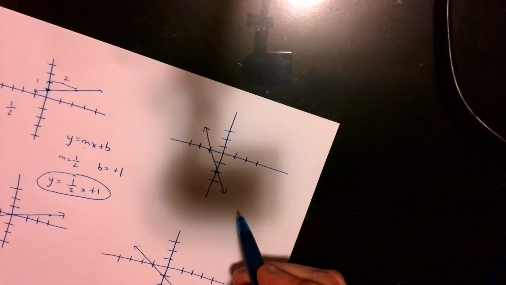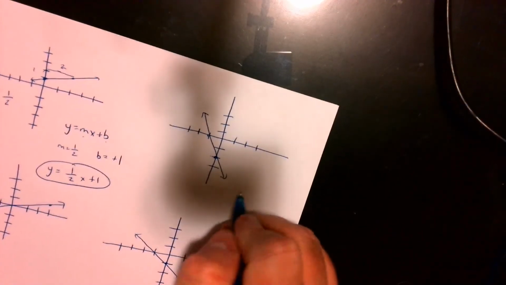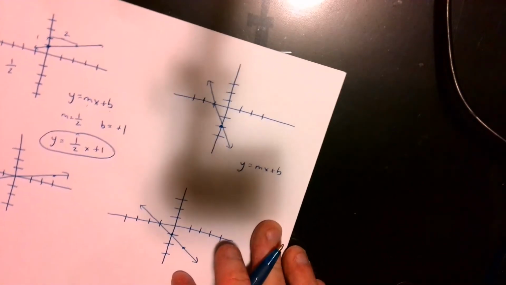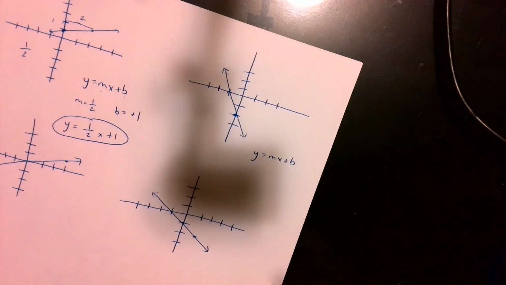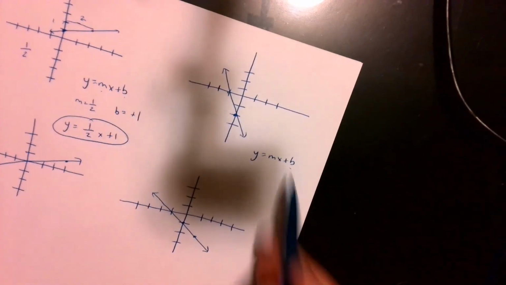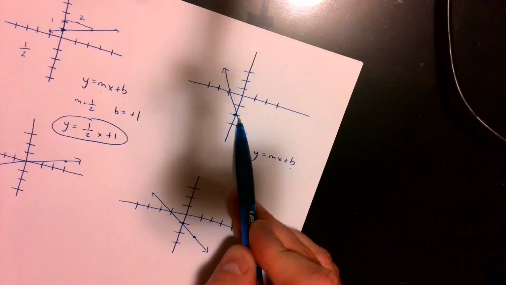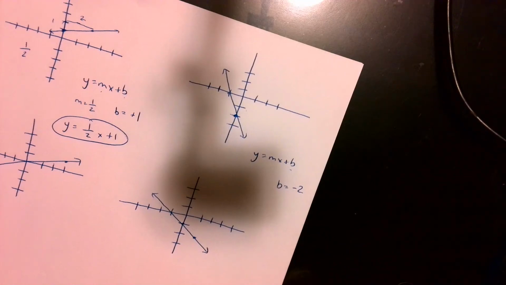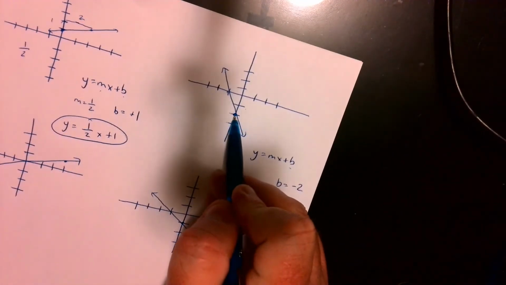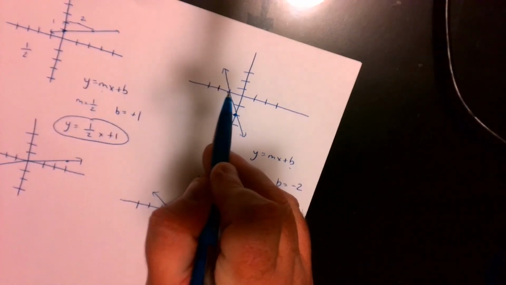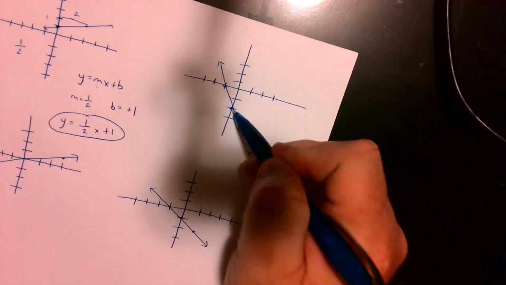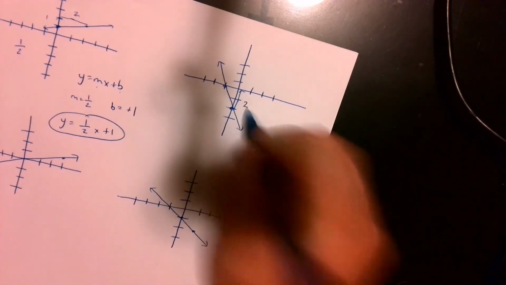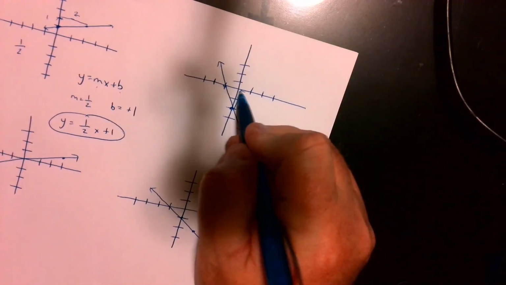So if we look at this one here, we need to put this in the form of y equals mx plus b. We need to be able to pull out the b and our movement, our m. So our b, we're going to start at -2 this time. But what's my movement telling me to do? So if I started here, I can see up here's another corner, another dot. So I went up 1, 2, and if I rise, that's positive, positive 2, and then I went to the left.